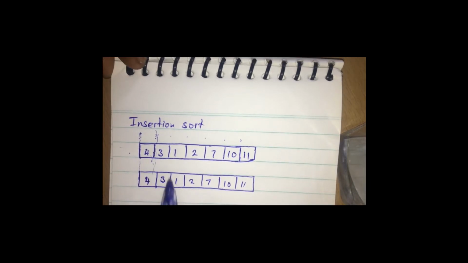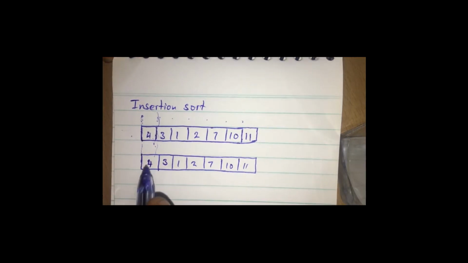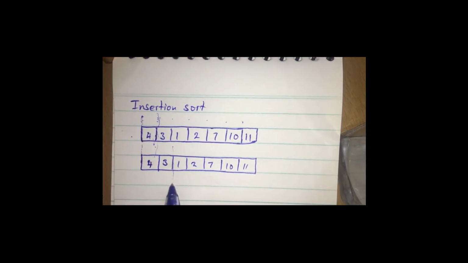We shall move this again one step up. When we move this up, this will be the unsorted element, then we shall compare it with the sorted part. After moving the imaginary line up, we compare this and this, to see which one is less. 3 is less, so it will come first.